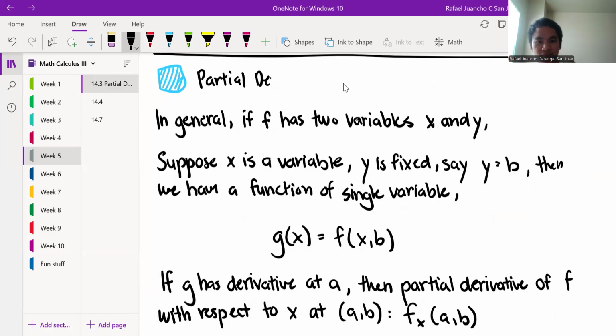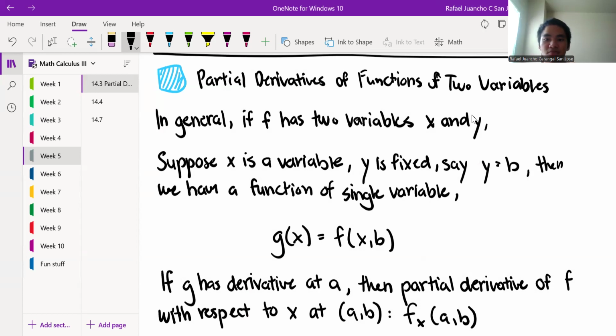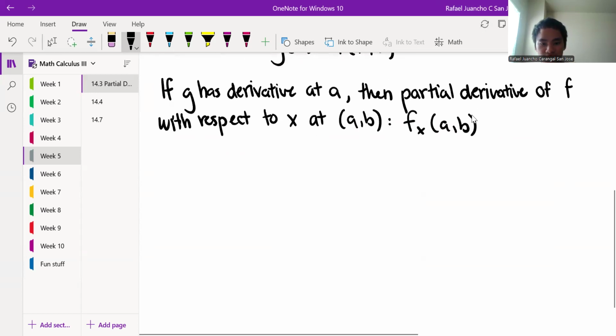Partial derivatives of functions of two variables. Right. So now we have that.